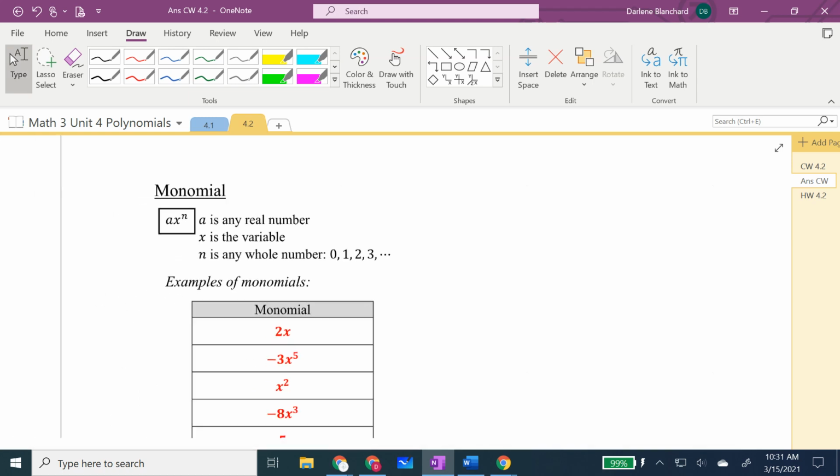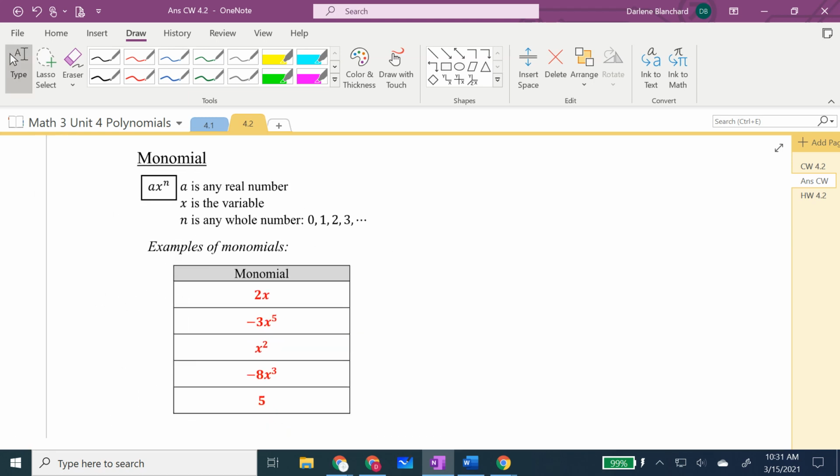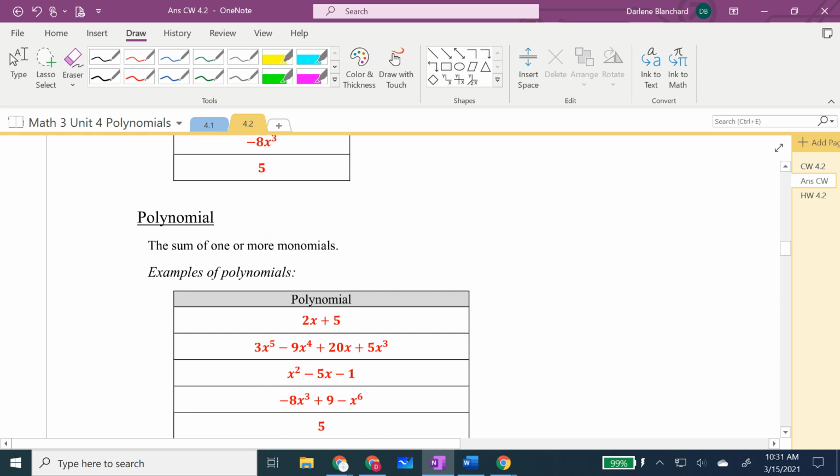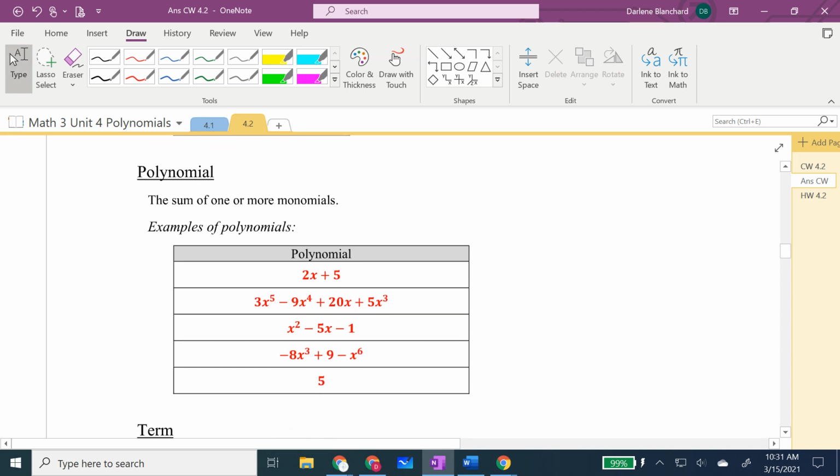So make sure you understand monomial. You should recognize that prefix mono meaning just one, only. So it's one term versus a polynomial. And I'm going to come back to this, but I want to just make sure you see poly as a prefix means many.